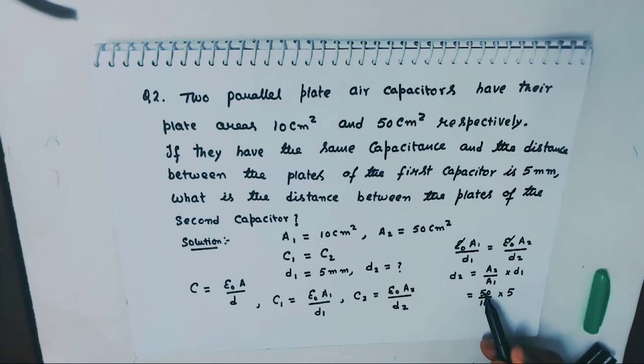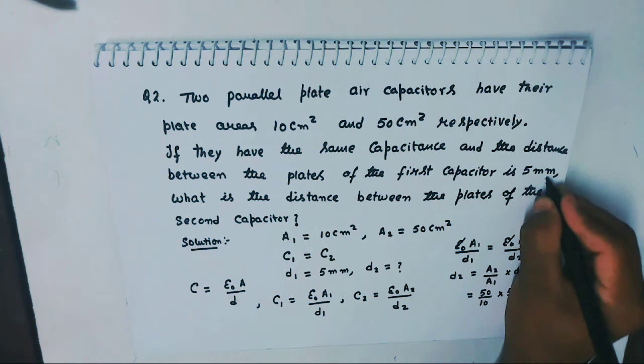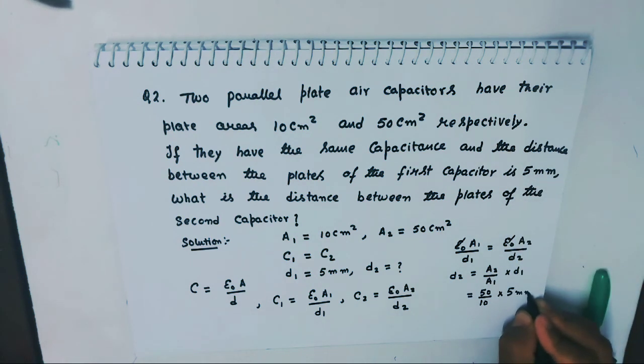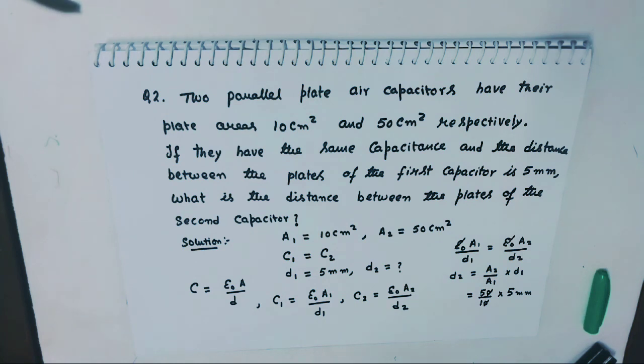So this 50 divided by 10 is simply a number, and the unit of D1 is mm, so I'll put here mm. So 5 into 5 becomes 25 mm. If you want to write in terms of centimeter, this can be written as 2.5 centimeter.